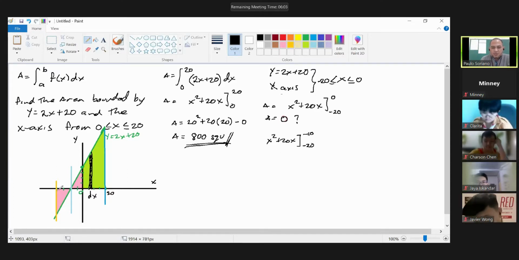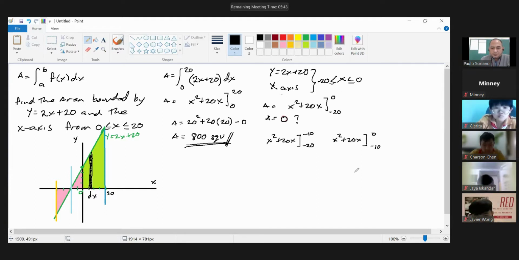Okay, lower limit, and the upper limit will be this one. While the other one is going to be evaluated like what? x squared plus 20x evaluated from this point onwards, negative 10 up to 0. Correct? Okay. Evaluate. Give me the area.